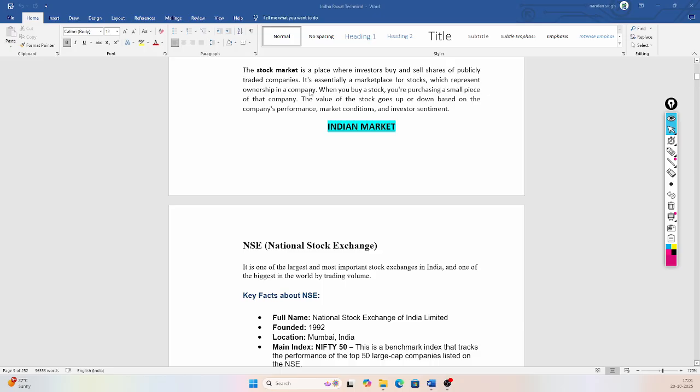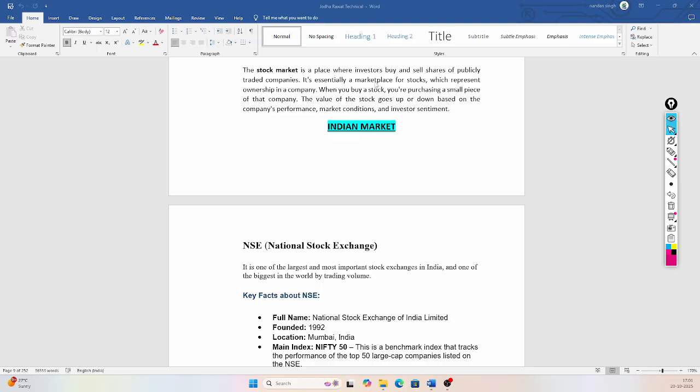Okay, so let's see a little about the stock market. It says the stock market is a place where investors buy and sell shares of publicly traded companies. Sometimes they buy and sometimes they sell.